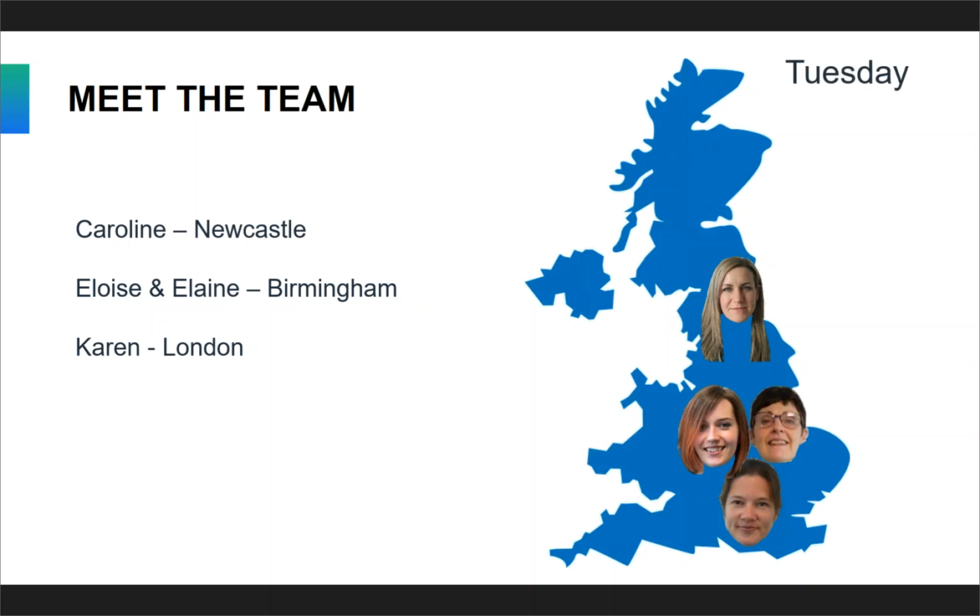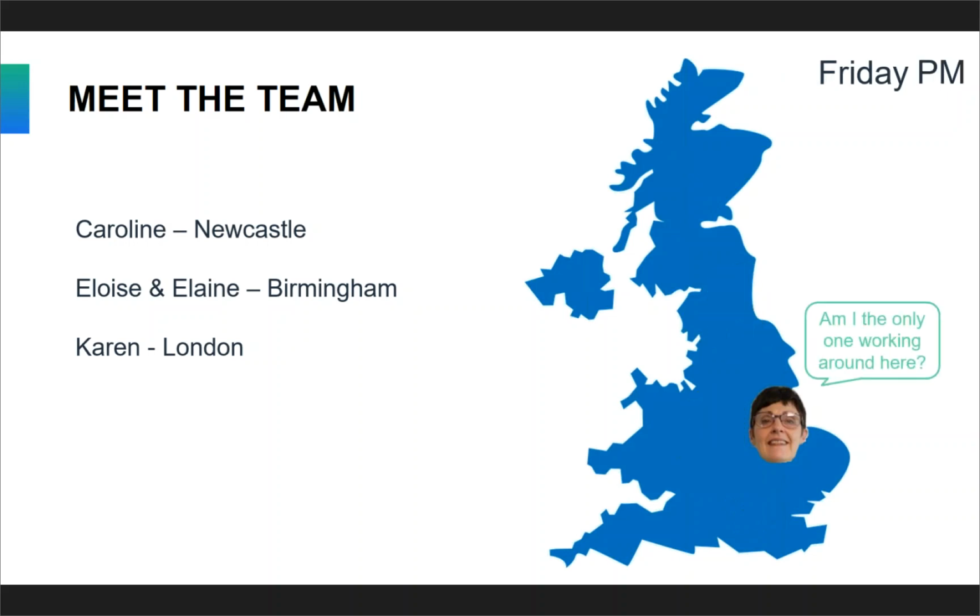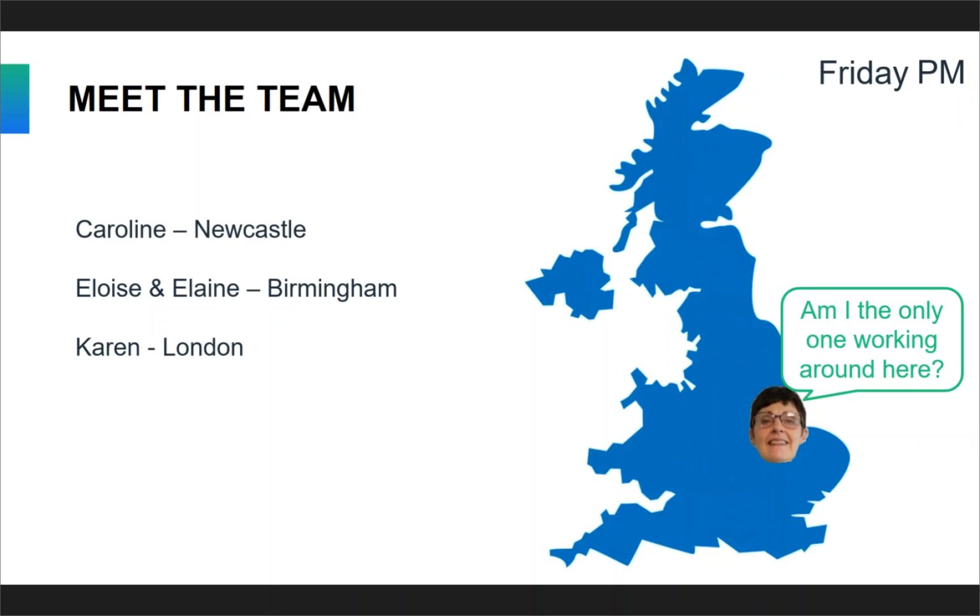On a Tuesday, we're all in the morning, but Eloise goes home in the afternoon. We're all back in on a Wednesday, and then on a Thursday morning, we're all in. But Thursday afternoon, I go home, and then come Friday, there's no Karen at all, and Eloise and I disappear on a Friday afternoon, leaving poor Elaine all alone, the only one doing any work.